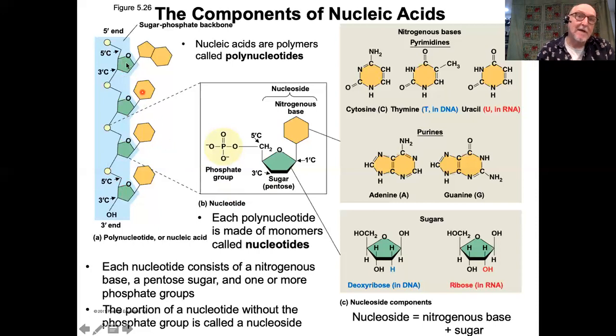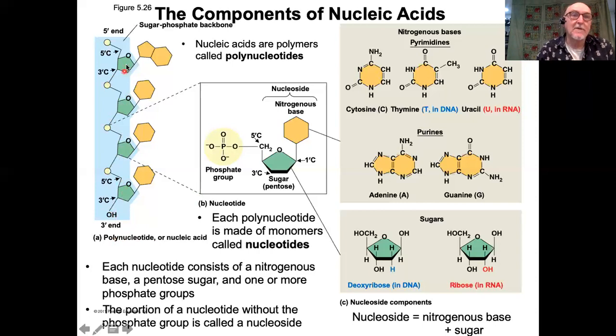So when I look here, what I can see is here's my sugar, here's a phosphate, here's a sugar, here's a phosphate, here's a sugar, here's a phosphate, here's a sugar, here's a hydroxyl group ready to receive another nucleotide. And if I bring in another nucleotide here, I can react the phosphate group to the hydroxyl group through a dehydration reaction and form another very strong covalent bond.